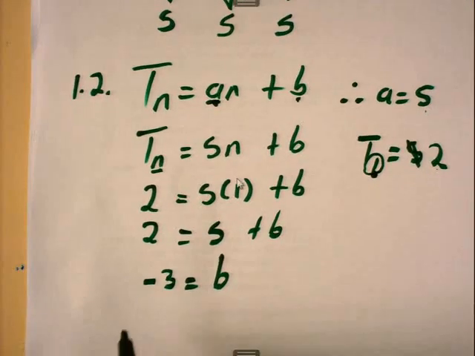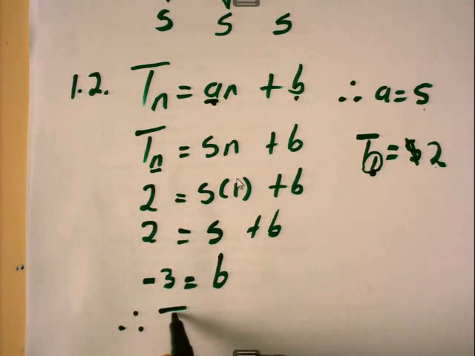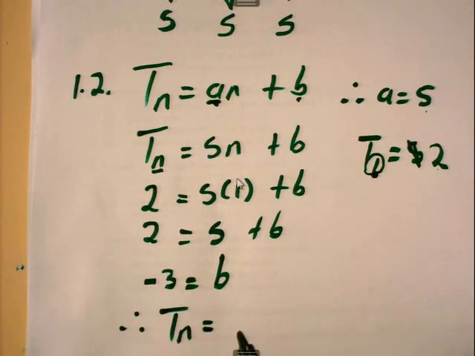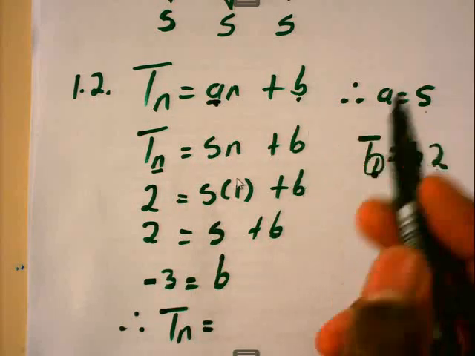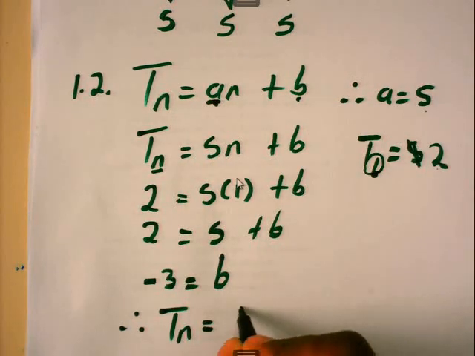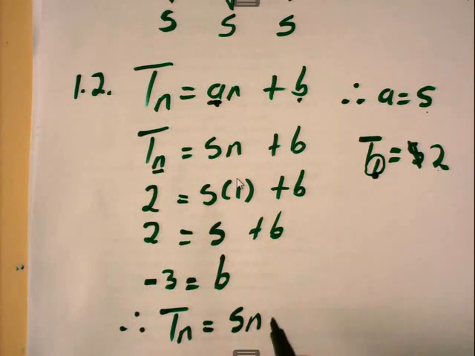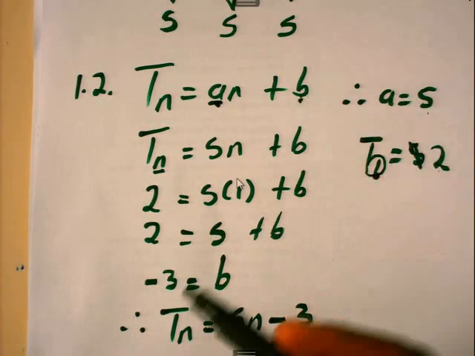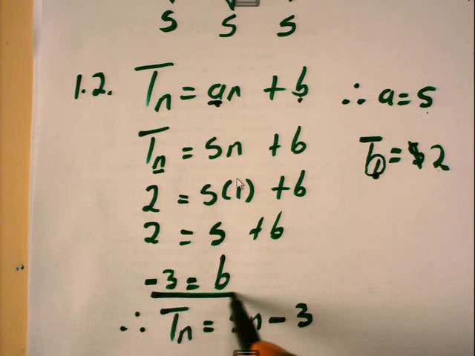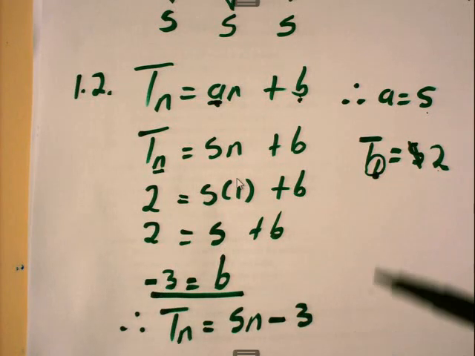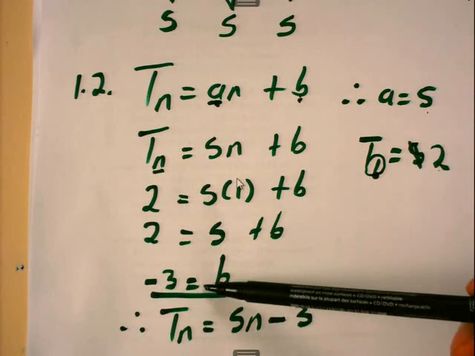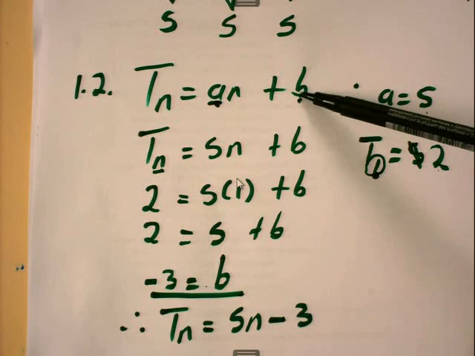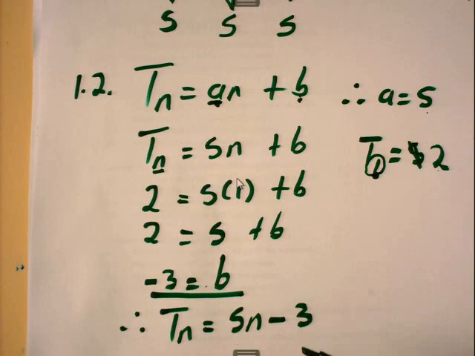Then we conclude that the nth term is an plus b, our a is 5, so it's 5n minus 3, because the value of b here is negative 3. We substitute this negative 3 in the formula. Therefore, Tn is equal to 5n minus 3.